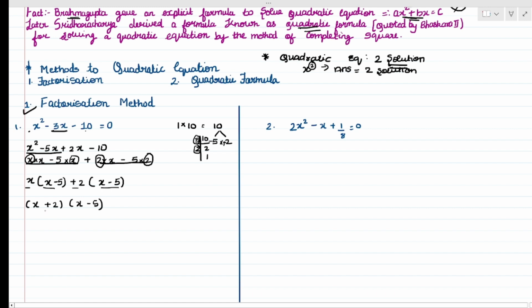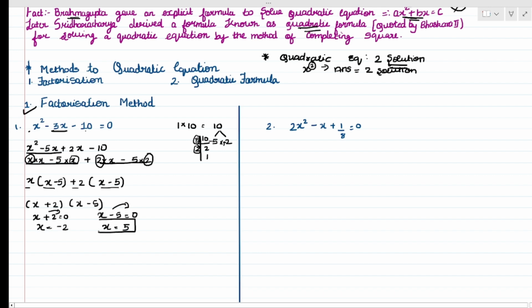Now we need the zeros. That means we need the values of x. So equate them with 0. So x plus 2 equals 0 and x minus 5 equals 0. So x equals, 2 goes that side, that means it will become minus 2, and x is equal to, minus 5 goes that side and changes its sign as well. That means it will become positive 5.